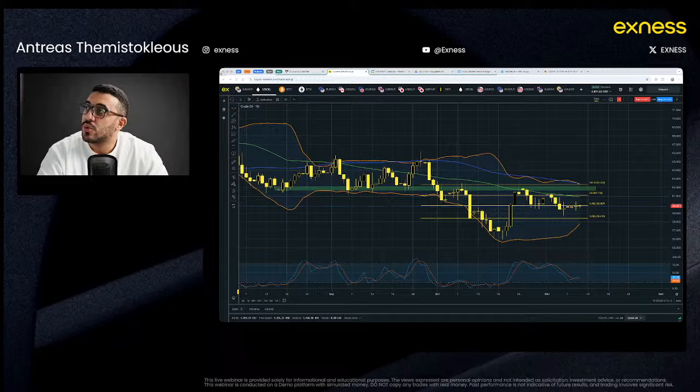You can also search for different instruments by clicking the plus sign here and searching whatever you want, and it will pop up here. That's another way to get your instruments. You can compare, add any symbols here, you can change the timeline, and everything from here.